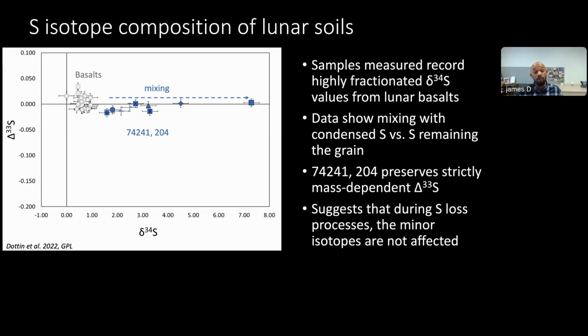So if we use the moon as a natural experiment of kinetic sulfur loss, say to space or in a vacuum, and we don't see any cap delta 33S variability, we can then say for other systems that if you have any significant degassing of sulfur, you should not see any changes in your mass fractionation law that could be misinterpreted as, say, a mantle recycled component or an exogenous component.